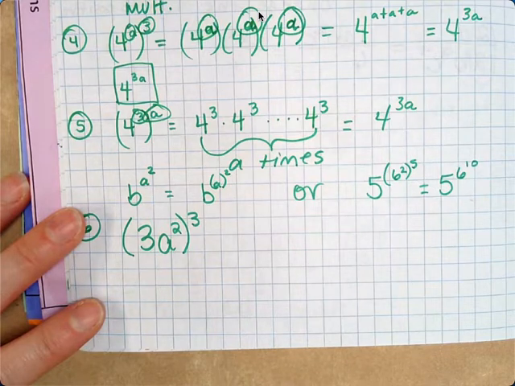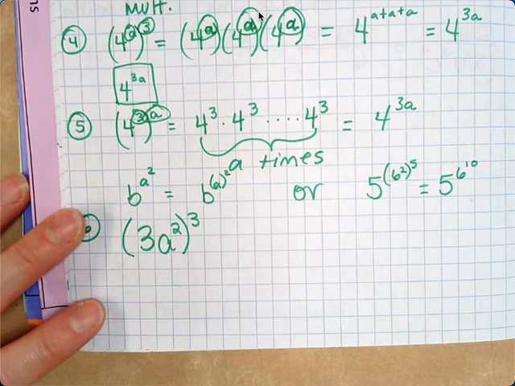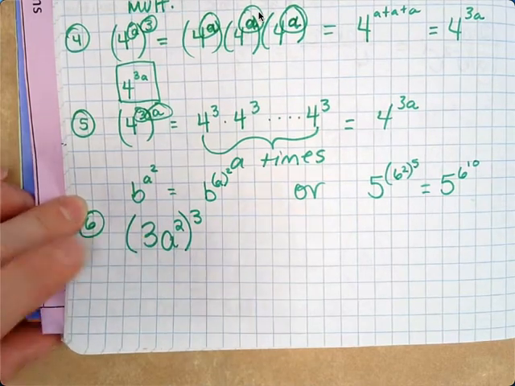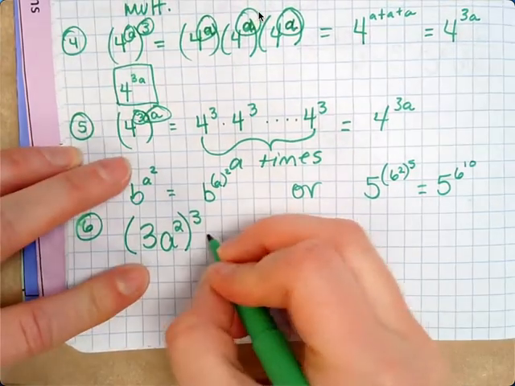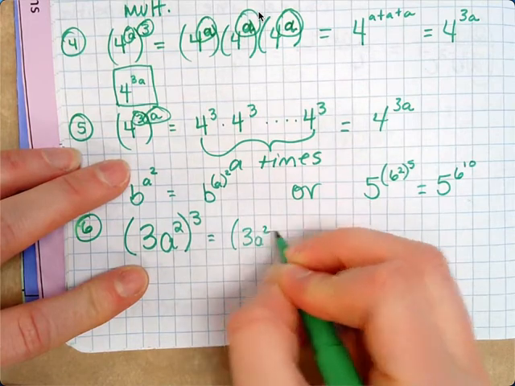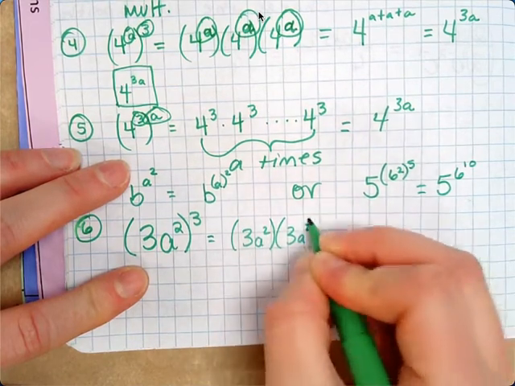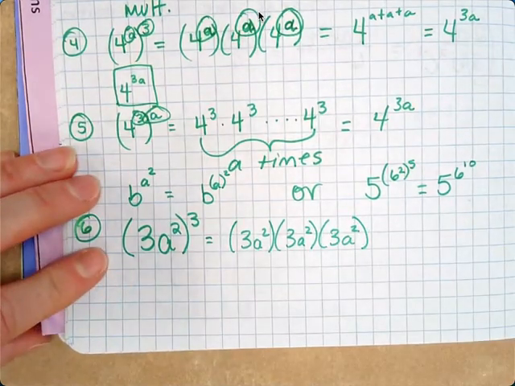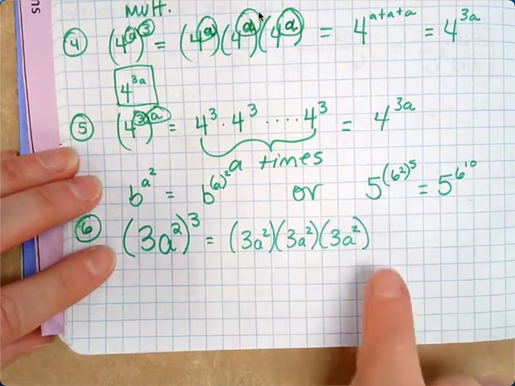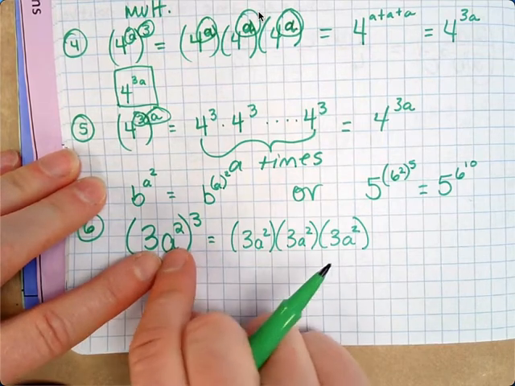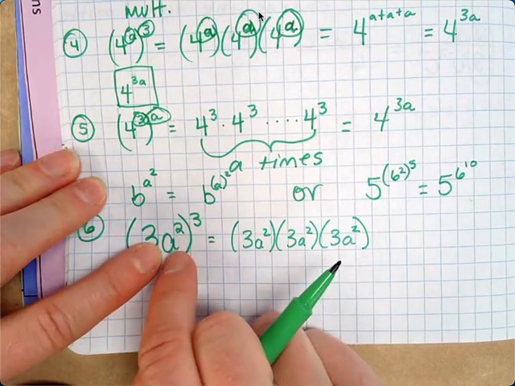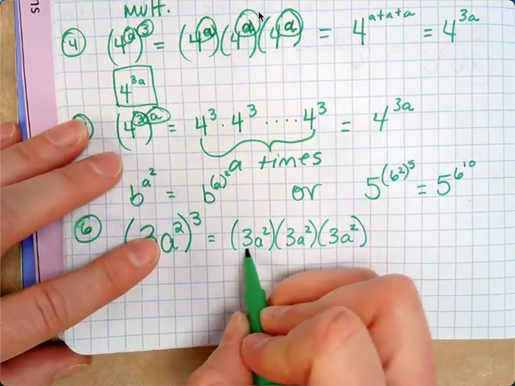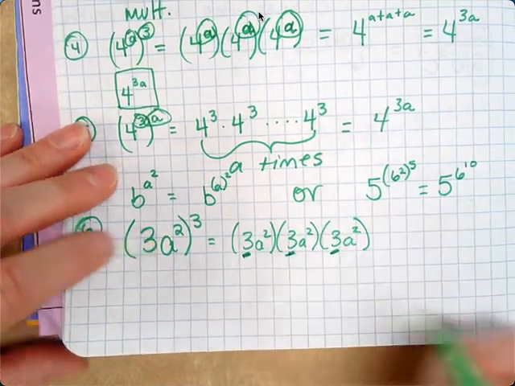What is the 3rd power of? But what about this 3 out front? Is it also with that? Yeah, because what this really means is 3a squared, 3a squared, 3a squared. So a common mistake is that people just do the a to the 6 and it's 3a to the 6. But you can't do that because the 3 is also being cubed.